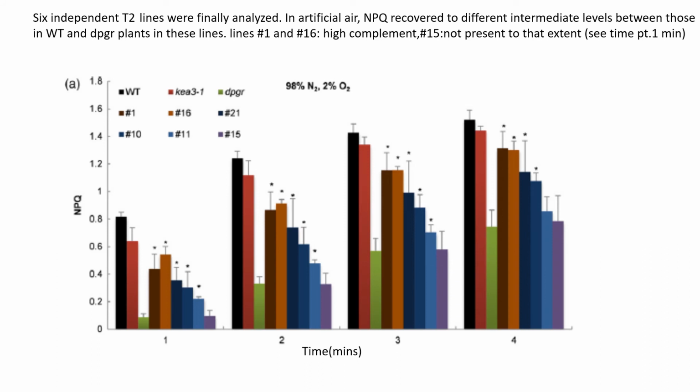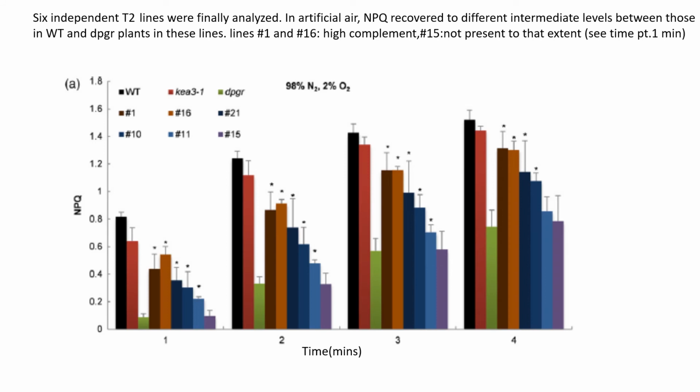In artificial air, NPQ recovered to different intermediate levels between those of the wild type and the DPGR plants in the lines shown in the graph below. Lines 1 and 16 had high complementation, whereas in line 15 it was not present.